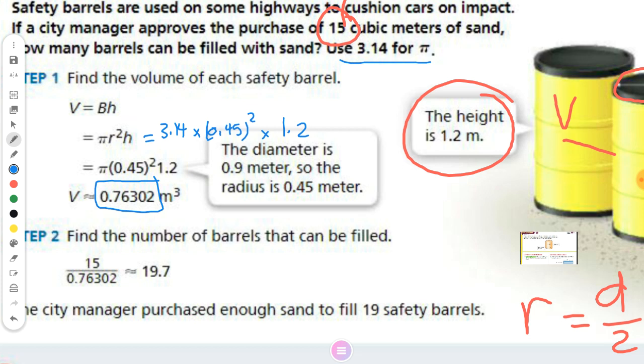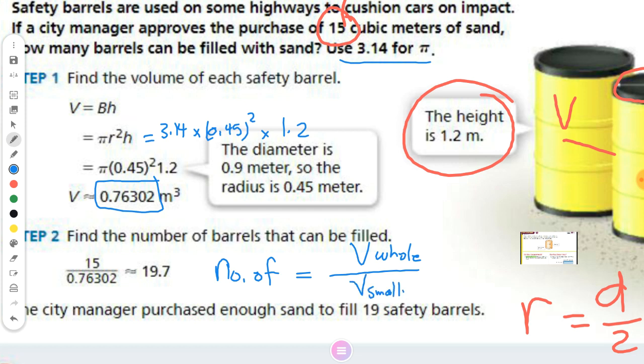What is the number of barrels? As I told you, number of means divide. The volume of the whole, which is the whole sand, over the volume of the small.